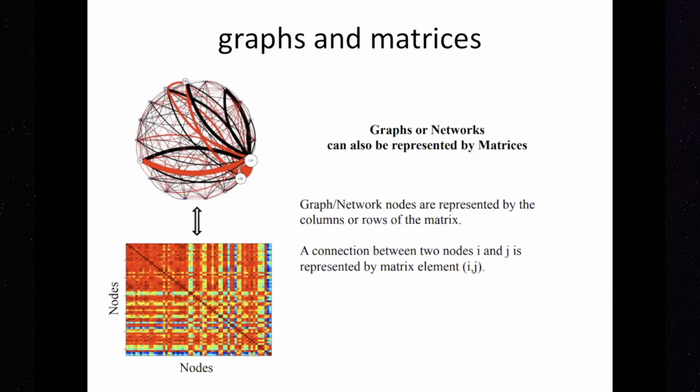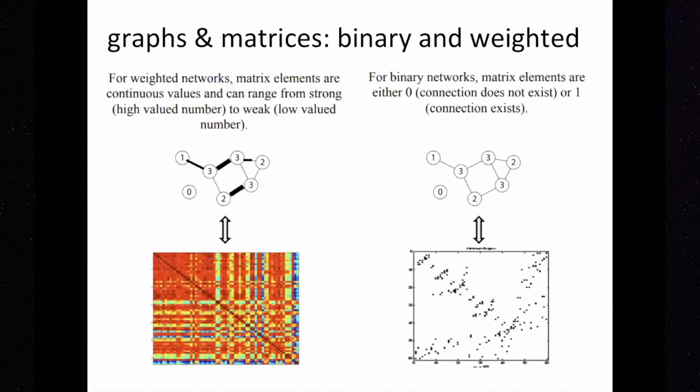So for a graph or a network, nodes are represented by the columns or the rows of the matrix, and the connections, so the edges between nodes, are represented by the respective matrix element. But that's only half of the story, because we could have two variants: the binary variant and the weighted variant. For weighted networks, those matrix elements are continuous values, which can range from really strong, so a high-valued number, to really low, as you see in this little illustration.